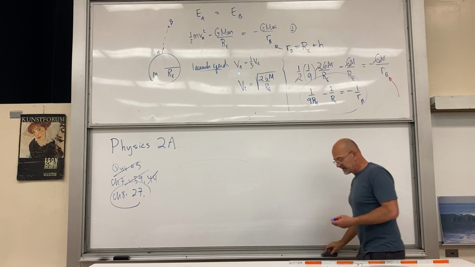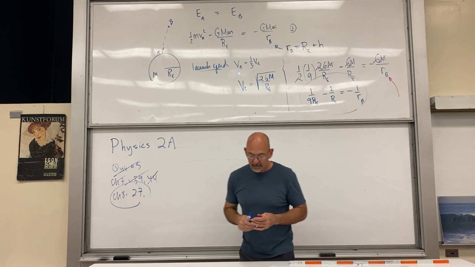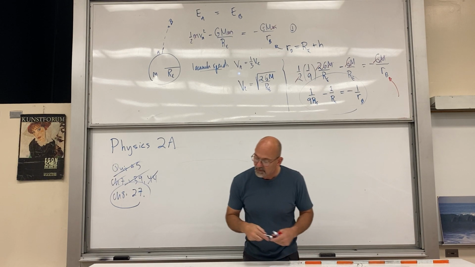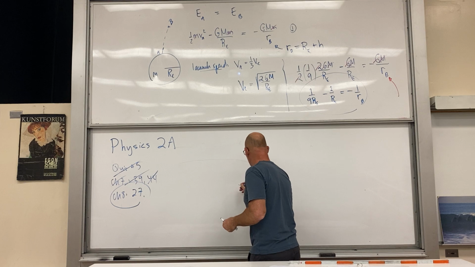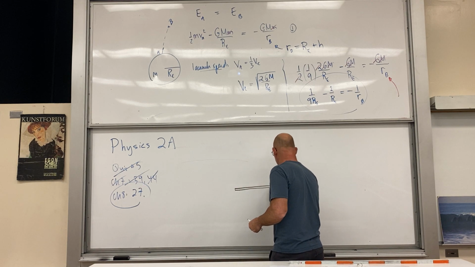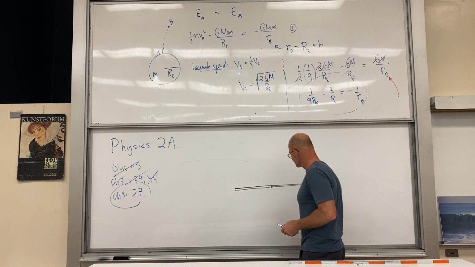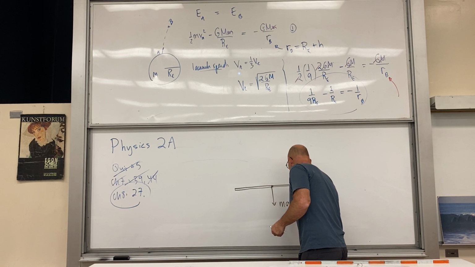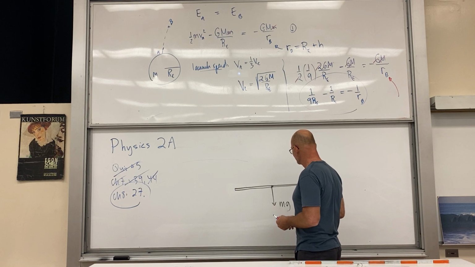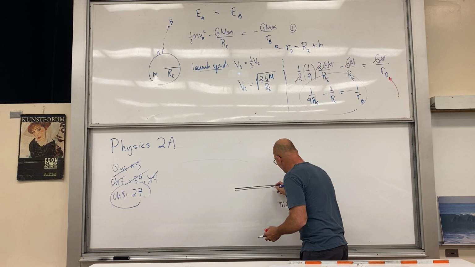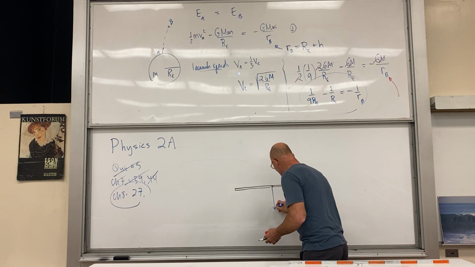So here, I don't need to put any numbers in, I just have to set this problem up. So let's see what we have. Got the board. The board has a length L, it's uniform, and it has a mass lowercase m. So at the center of mass, we have a force mg. I'll do the forces in blue today. So we have a force, the weight of the board, mg.